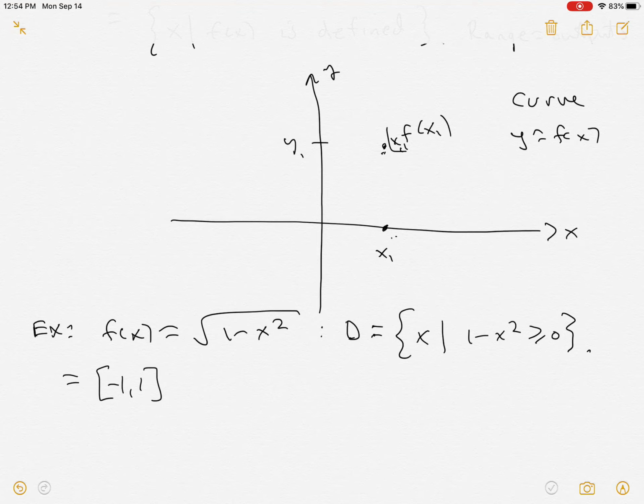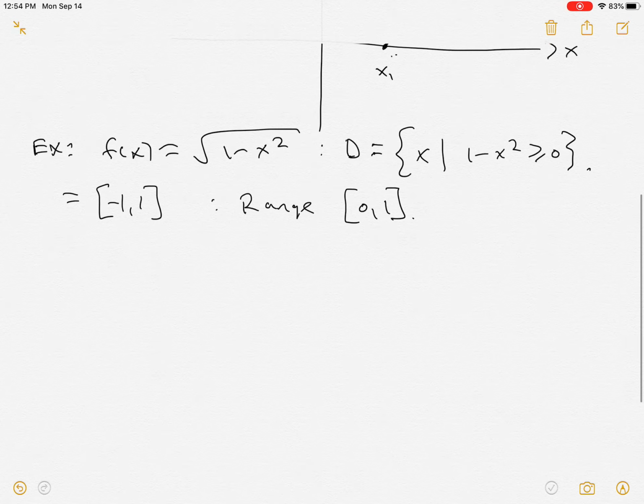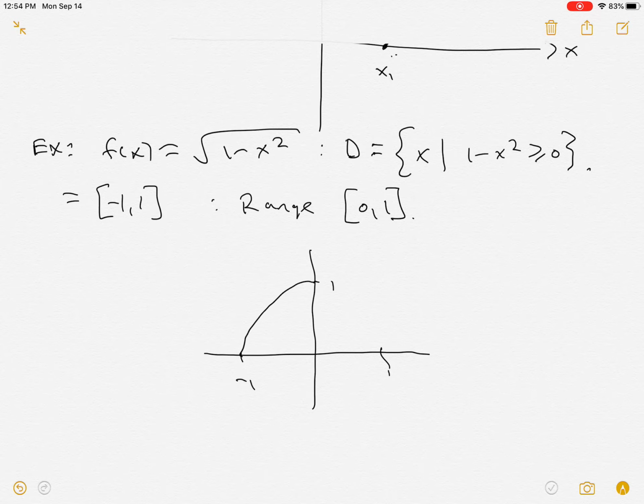And in this case the range, just from graphing it, is 0 to 1. Okay, so if we go down here and actually graph this thing, it's a little half circle here. And that's a 1 and that's a -1 there. This pen gives no resistance, so it's hard to keep it straight. Okay, and remember the domain again, it's just numbers on a number line.